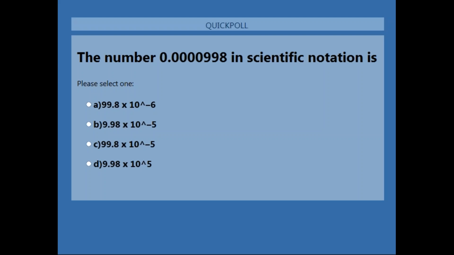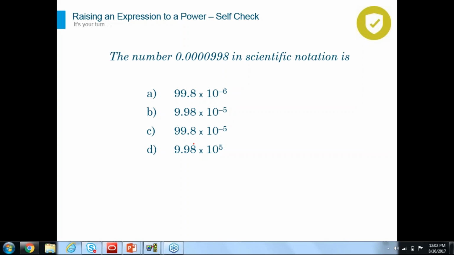Which one is the correct scientific notation? Okay, I'm going to share my answer. And the answer is B.